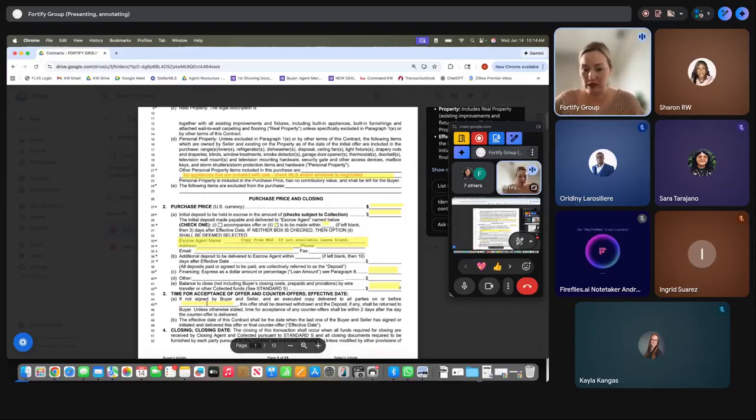Because what it means is, although the bank might not necessarily care about your timeline, it protects your buyer that if the seller does not respond within this date timeline, your buyer's offer is off the table. Now, if the seller comes back with a counter or wants to accept it, your buyer, of course, still can move forward, but they're protected that they're not required to.